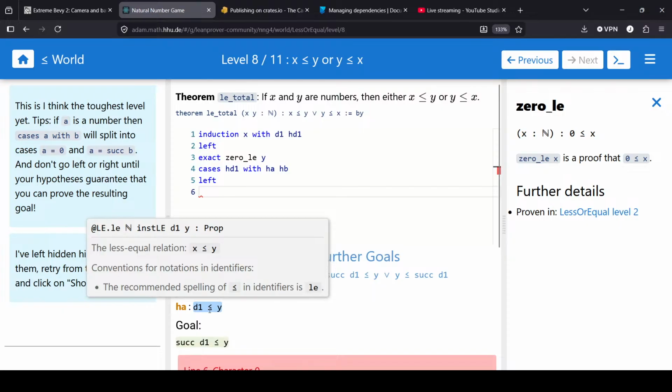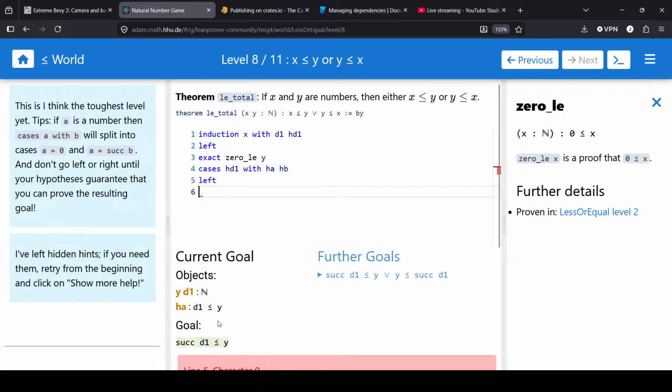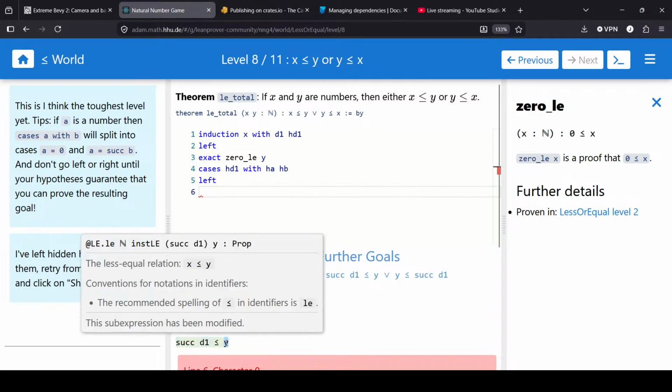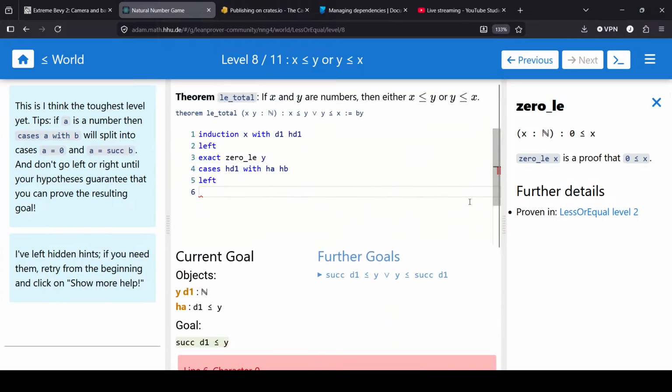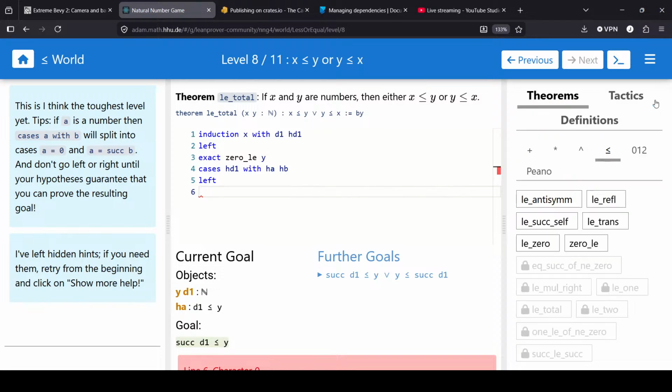So if U is less than or equal to U, I have to prove that the successor of U is still less than or equal to U. But I don't see an obvious contradiction though. I feel like I'm going the wrong way.